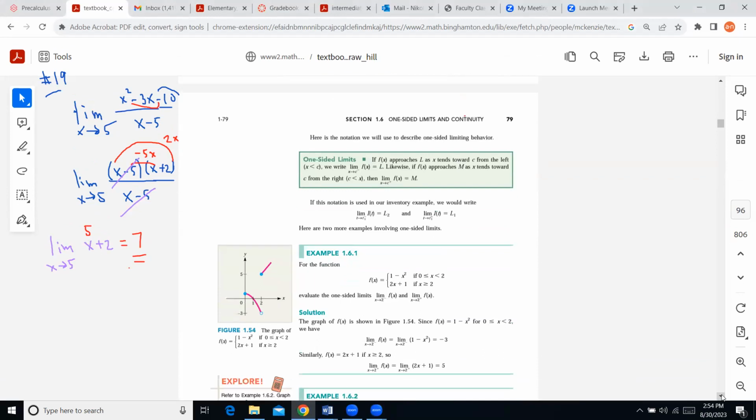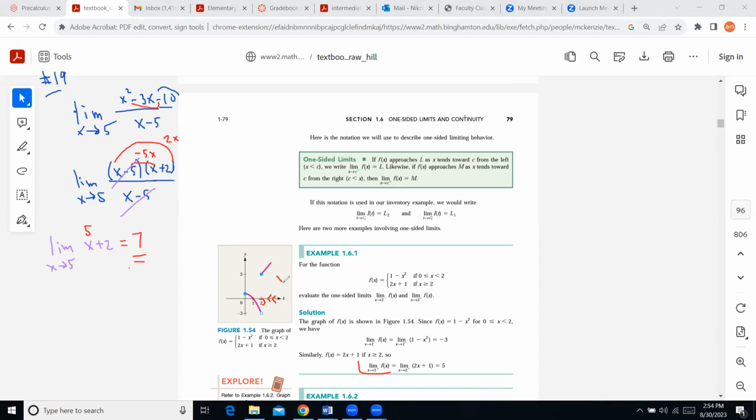So for example, here's the picture of a piecewise defined function. And our concern, of course, is where it breaks. And it breaks right here at point 2. So when we start to approach this number 2 on one side, people say this is the limit of this function when x approaches 2 on the right.